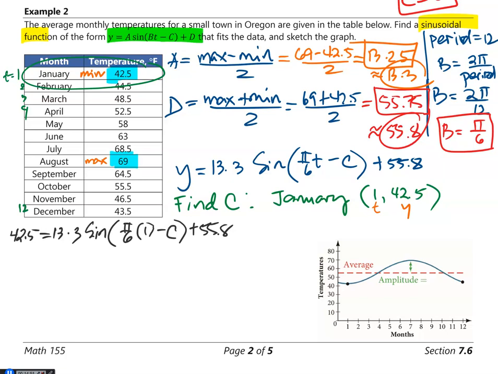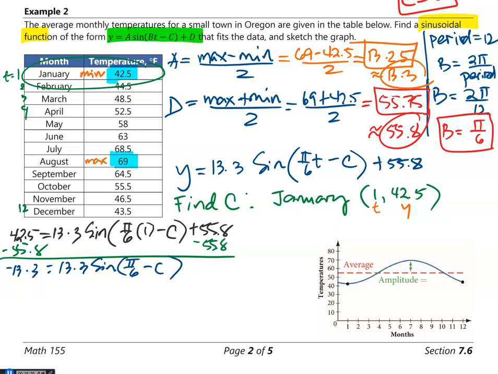So remember, we are solving for c. So next is subtract 55.8, that is negative 13.3 is equal to 13.3 sine of pi over 6 times 1, which is pi over 6, minus c. Then divide both sides by 13.3.